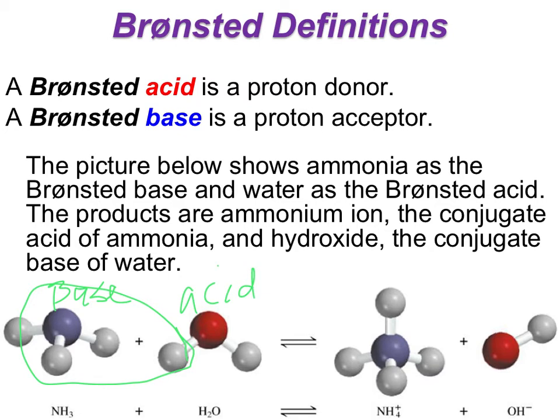The products are the ammonium ion and hydroxide. The ammonium ion is the conjugate acid of ammonia, which is a Bronsted base. The hydroxide is the conjugate base of water, which is a Bronsted acid.